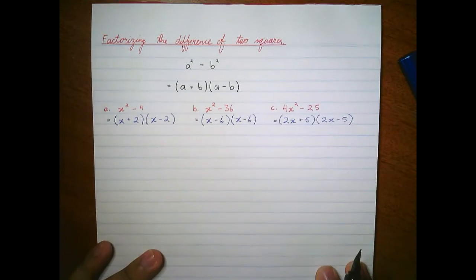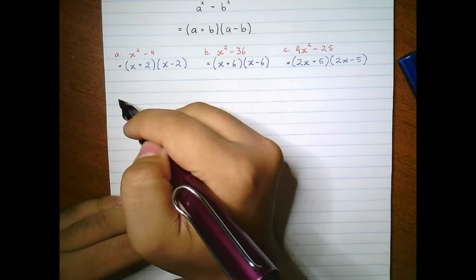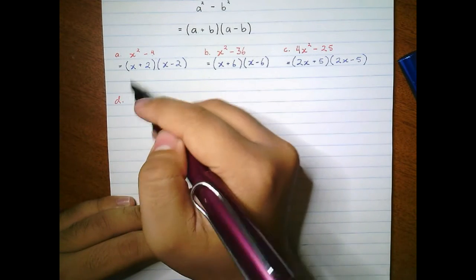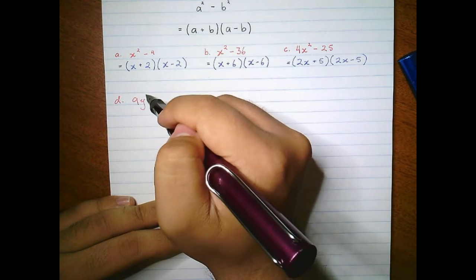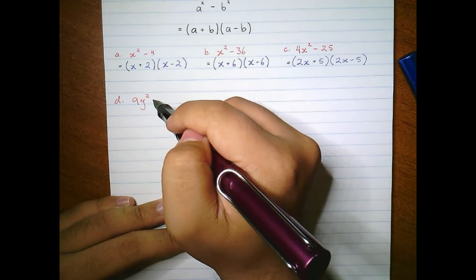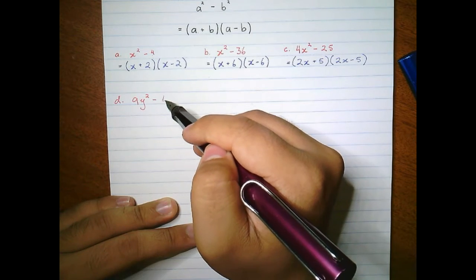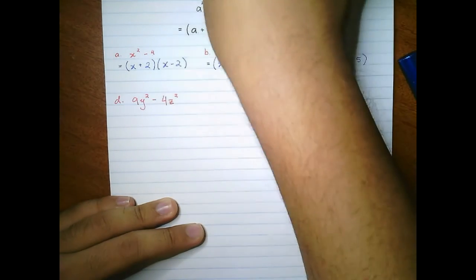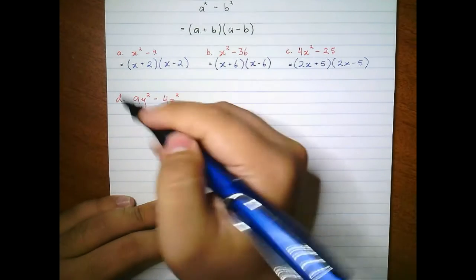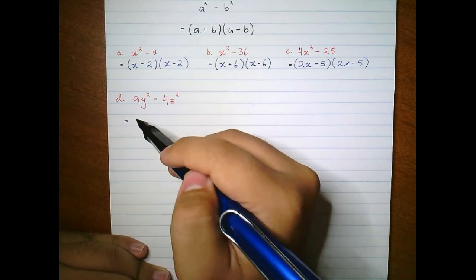Let's do a few more examples here. Question D. If we had, say, 9y squared minus 4z squared. Well, 9 is still a perfect square.